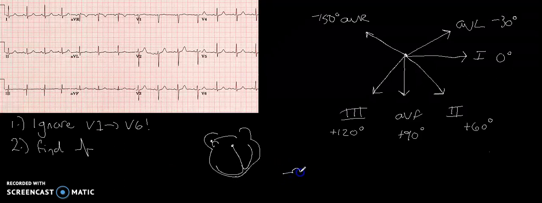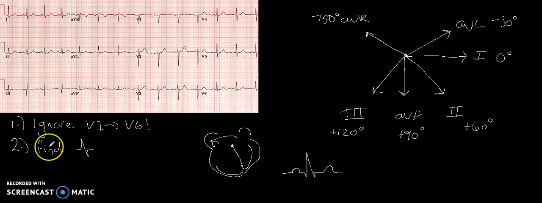We've got an isoelectric line, we've got a P wave, we've got a QRS complex, and we've got a T wave. This represents the depolarization of the atria, this represents the depolarization of the ventricles, and this represents the repolarization of the ventricles. The atria repolarize underneath the QRS complex, but it is masked because the QRS complex is so big. So we're looking to find an isoelectric lead.